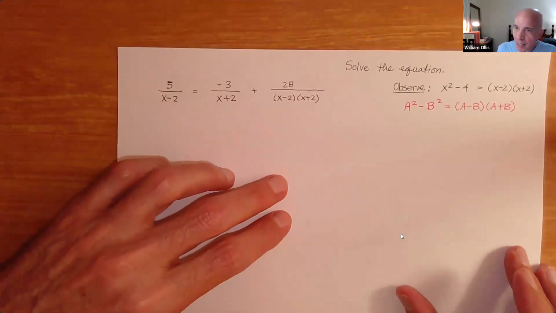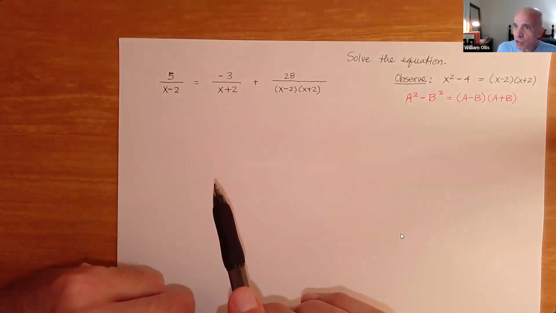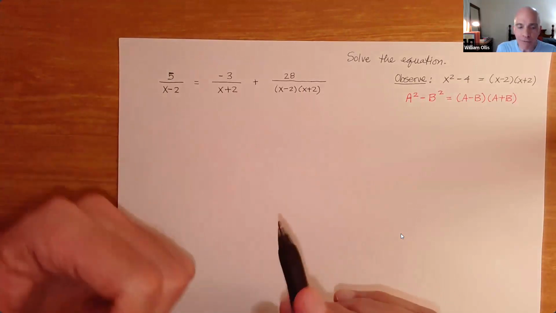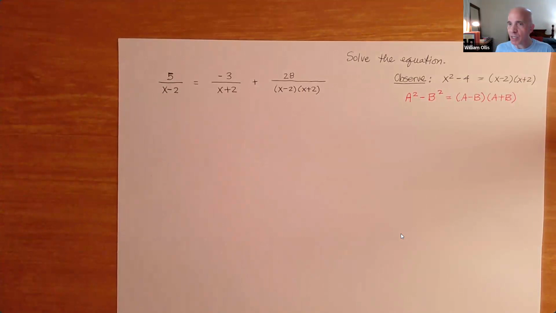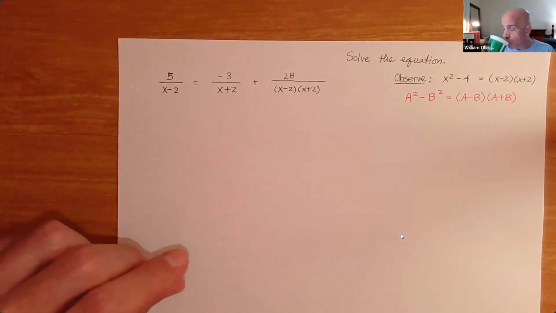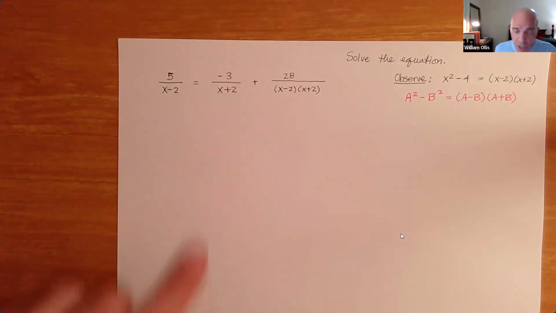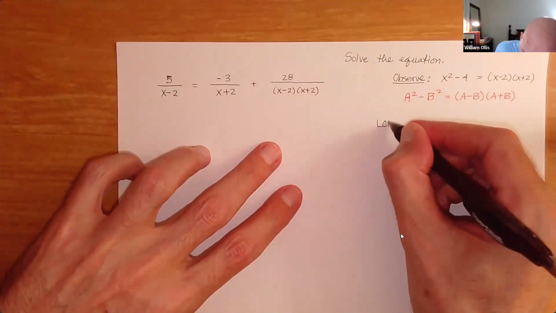So what we're seeing is that we have the factor difference of two squares here that really makes the problem easier. If it weren't factored, we would go ahead and factor it so we could see what types of particular factors we have in the denominators. Now we can go through and write down our LCD. It doesn't matter.